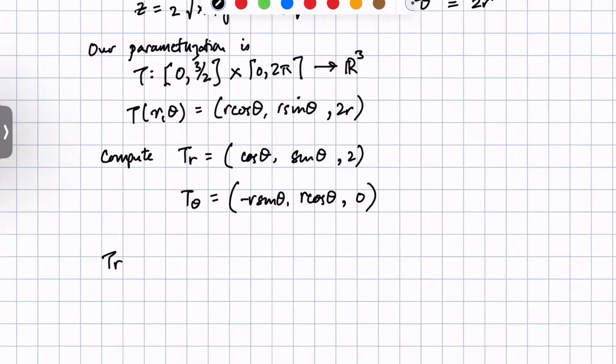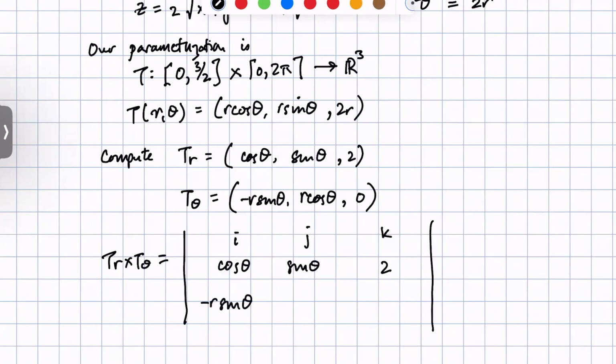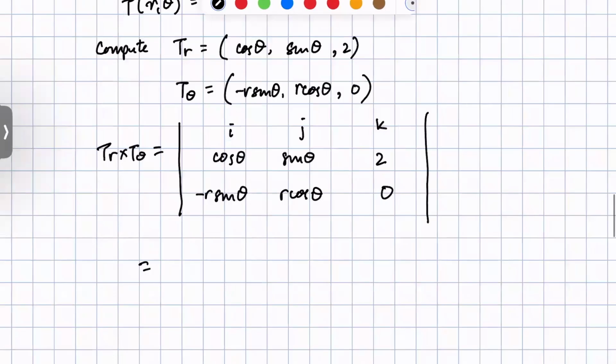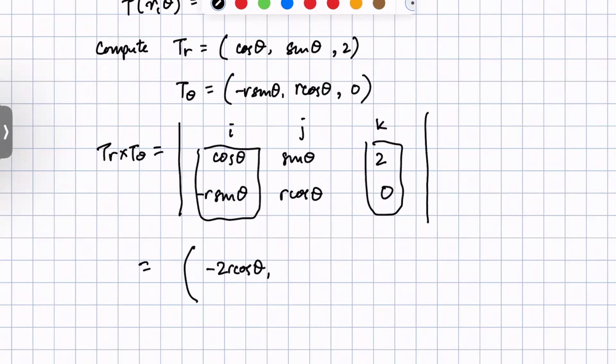So let's compute Tr cross T theta. i, j, k; cosine theta, sine theta, 2; negative r sine theta, r cosine theta, 0. So let's take a look at the i-coordinate. The i-coordinate relies on this minor right here. The determinant is minus 2r cosine theta. The j-coordinate is about that minor.